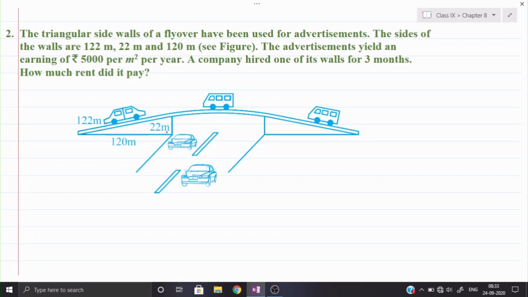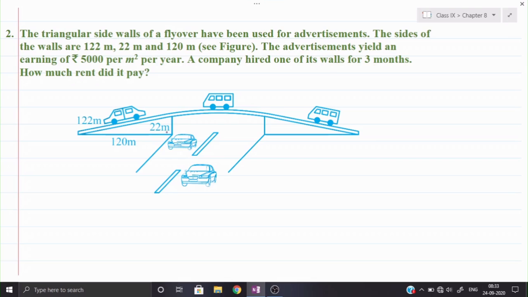A company hired one of its walls for 3 months. How much rent did it pay? They have taken the full hoarding, but they hired the hoarding only for 3 months. So we need to find out how much amount they are going to pay. Since they have taken the full hoarding, first we need to find out the area of the hoarding.